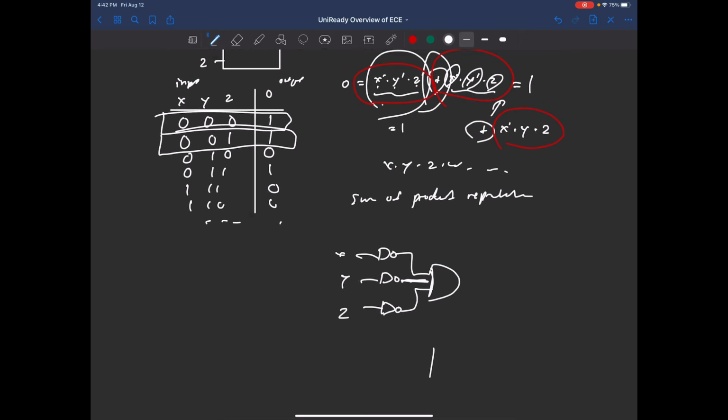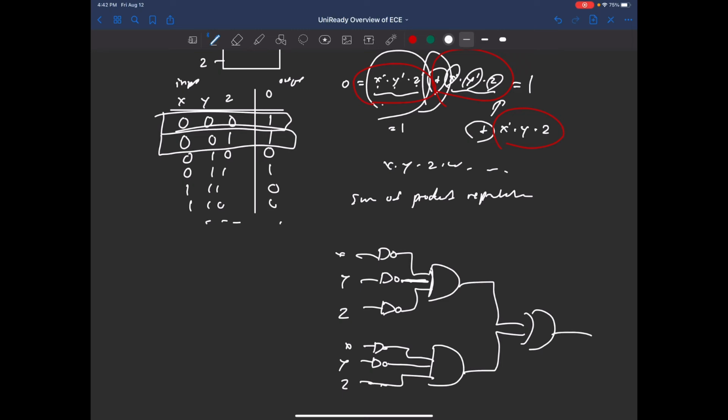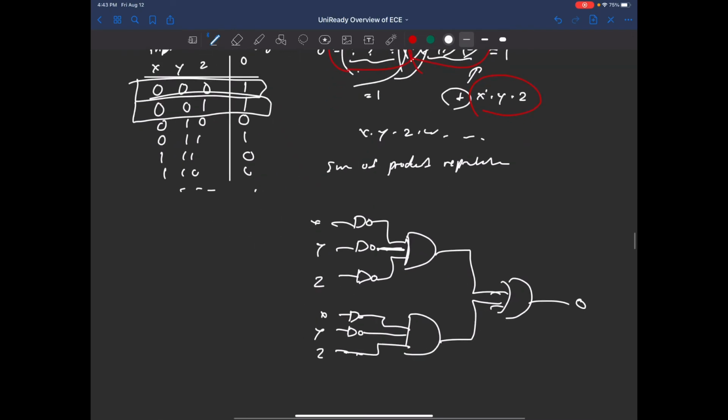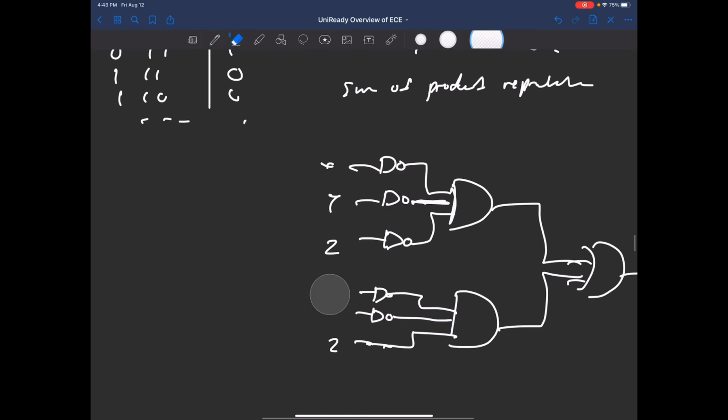And you have another AND gate. Just going to draw x, y, z's here. But this is not going to have a NOT gate like that. And this is going to be connected to an OR gate. And this is going to be the output.